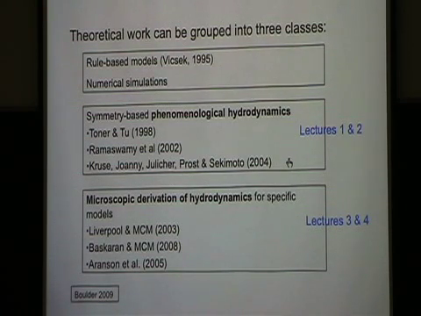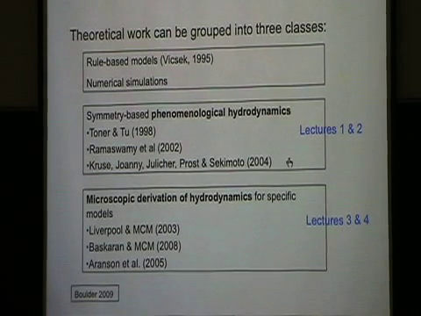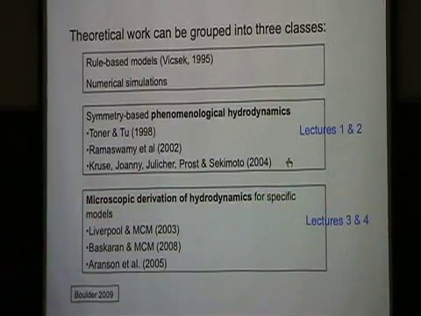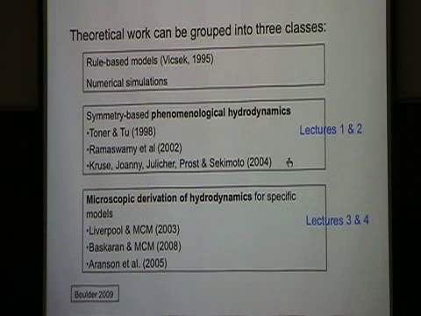But it's not a very satisfactory model in the sense that you're putting in the alignment by hand. You're saying, okay, I look at my neighbors, I align with them, and then I move on. And of course, you get the transition to an aligned state.